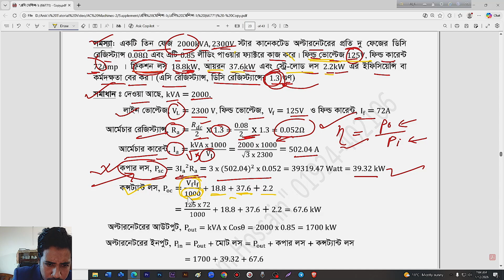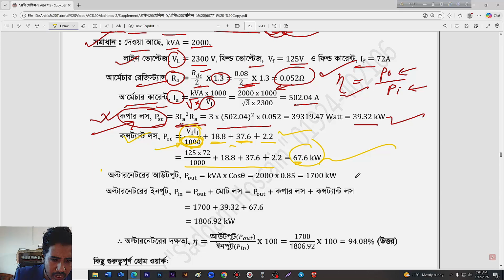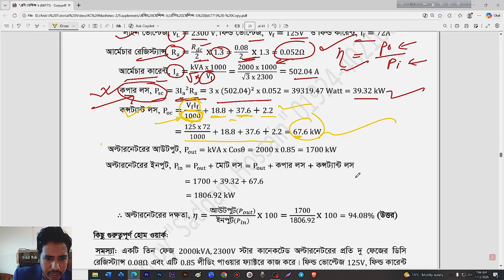That's why we have to find the kilowatt value. From this calculation, the constant loss will be 67.6 kilowatt, right?